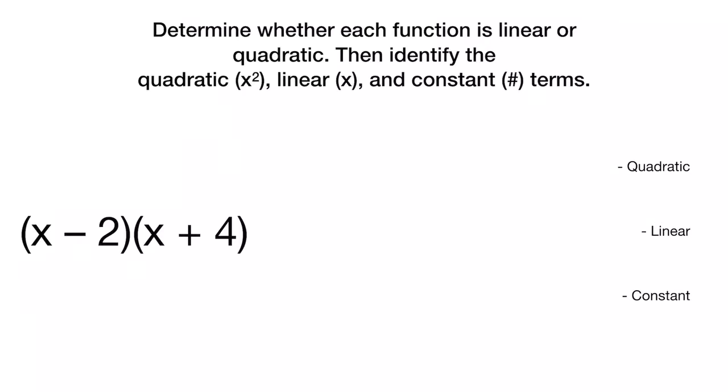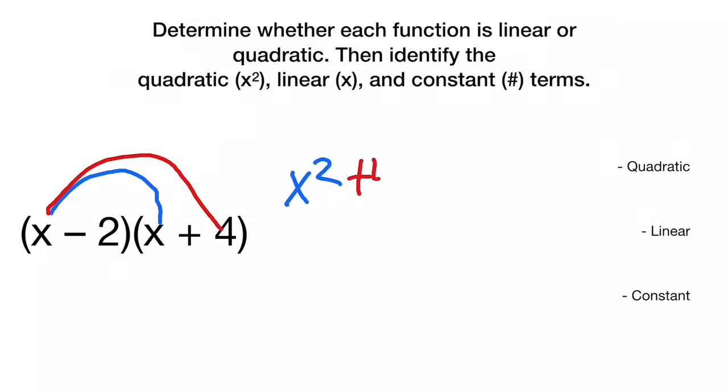Here's our final one. For this one, we're going to want to FOIL. For a reminder, FOIL means first. So x times x is x squared. Then outside or outer, so x times 4 is plus 4x. Inside or inner, so that is minus 2x. And then finally, last, so negative 2 times 4 is negative 8.